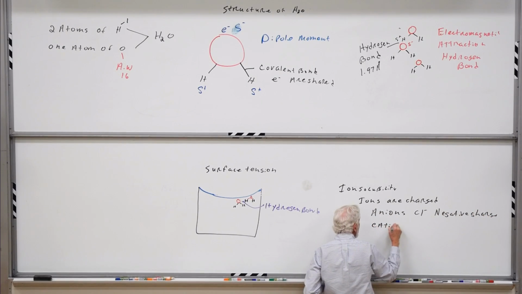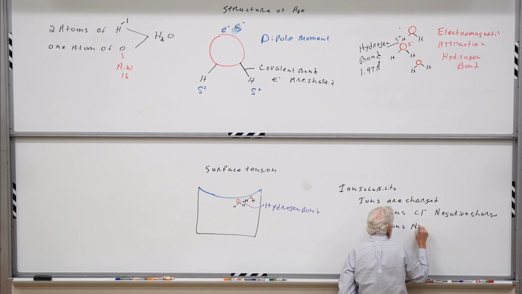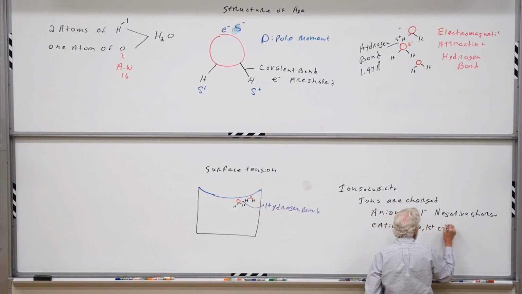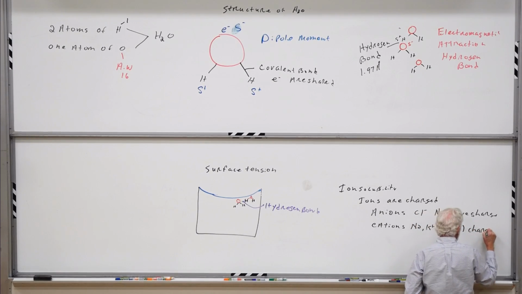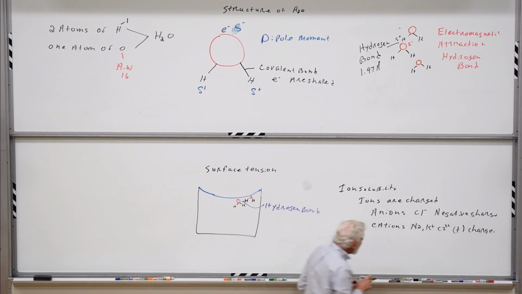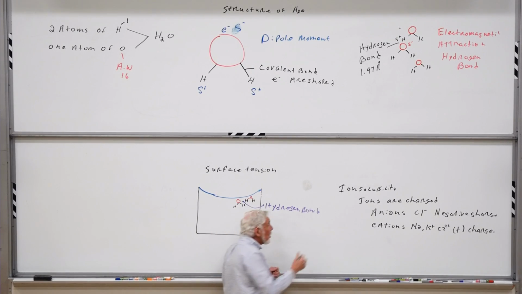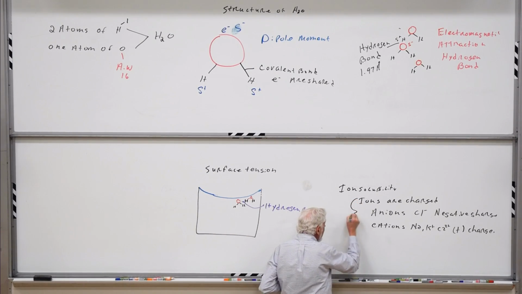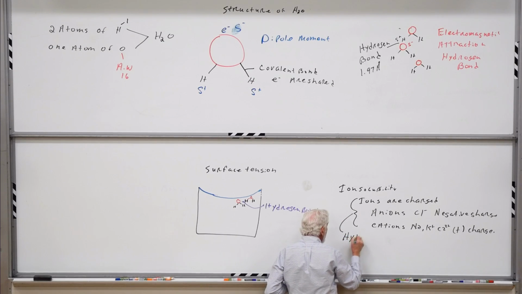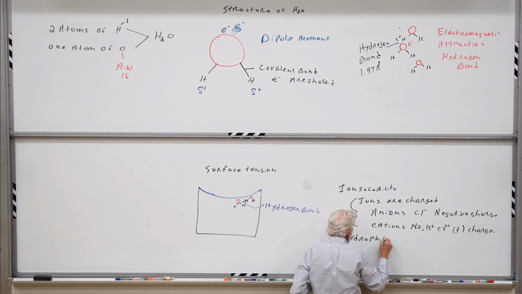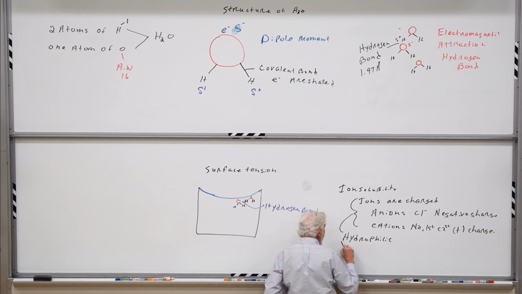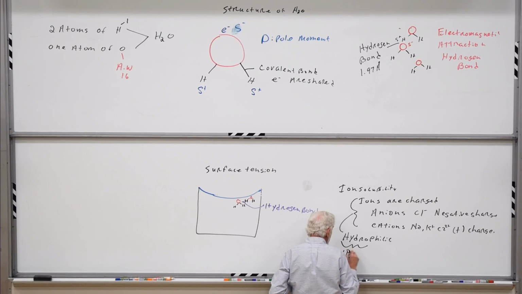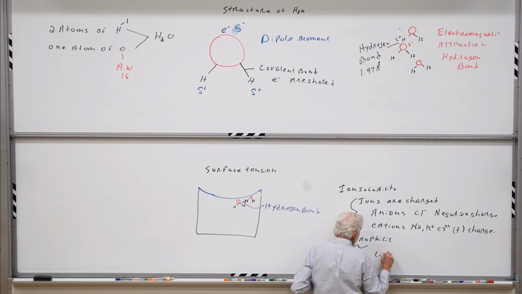Cations, such as sodium and potassium and calcium, are positively charged. These molecules, which are highly charged, are said to be hydrophilic. This term, hydrophilic, comes from the Greek. It means water loving.